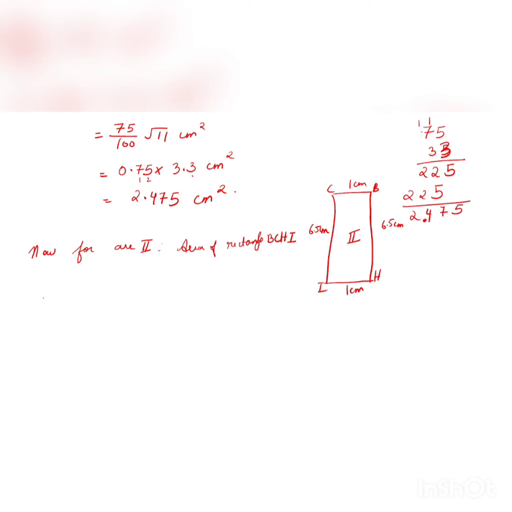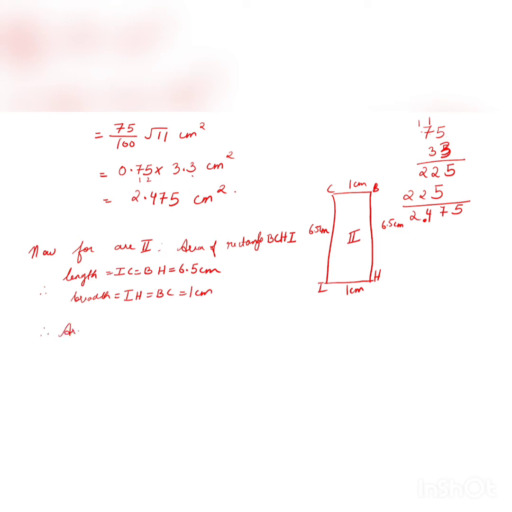Therefore, what is the length here? Length here, IC equal to BH, and this is both equal to 6.5 centimeter, and the breadth is the same as IH. This is going to be equal with BC, and these are both 1 centimeter. Clear?